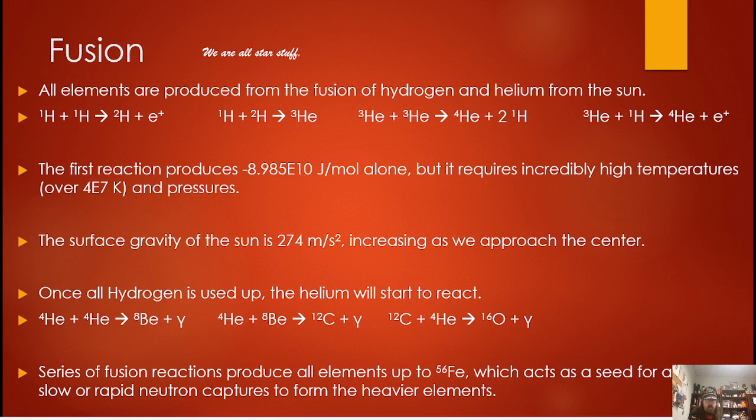But the sun's going to keep working and keep converting hydrogen to helium. Once all the hydrogen is used up, then the helium can start to react. The helium starts to absorb and convert into new elements like beryllium. And then helium can bind to beryllium to form carbon, and carbon can bind to helium to form oxygen.